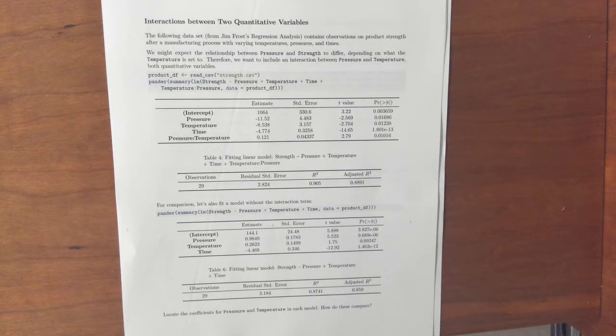Alright, hello again. So we're going to spend a few minutes talking about interactions between two quantitative variables. Remember, where we left off was we had talked about an interaction between a quantitative variable and a categorical variable with that Wines data set. We saw that an interaction meant that the relationship between wine quality and chlorides depended on the wine type.